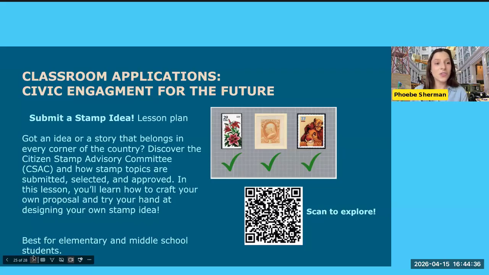And like we've been talking about, it will walk your students through learning about the Citizen Stamp Advisory Committee, how stamp topics are selected, what the different criteria are, and then give students an opportunity to craft their own proposal. So Design It and Submit a Stamp Idea both get at really similar content, but they are differentiated for different age groups.